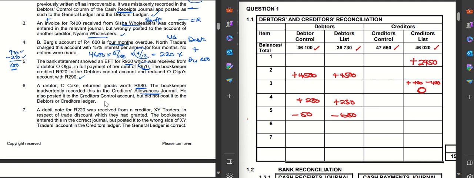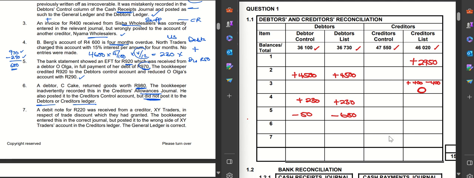He also posted to the creditors control account, which means the creditors control has an incorrect amount, but did not post it to the debtors or the creditors ledger. Okay, so that means our debtors accounts need to be updated and we need to correct the creditors control.